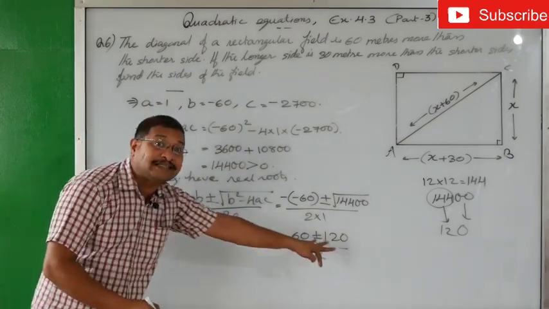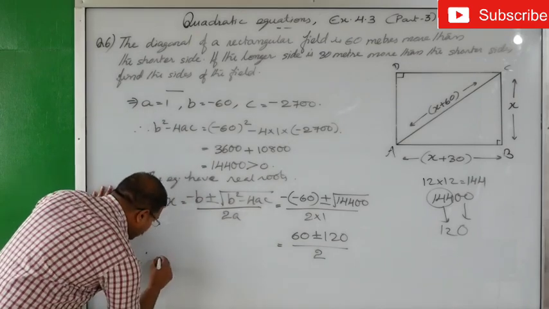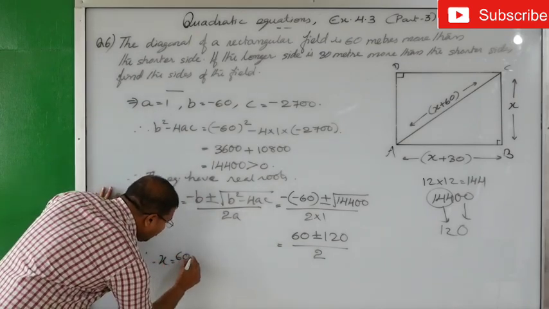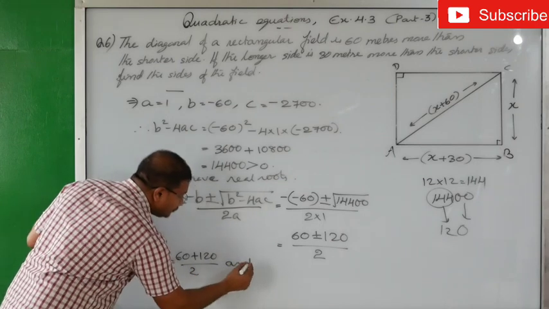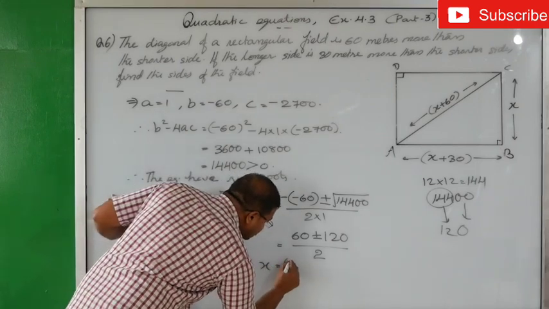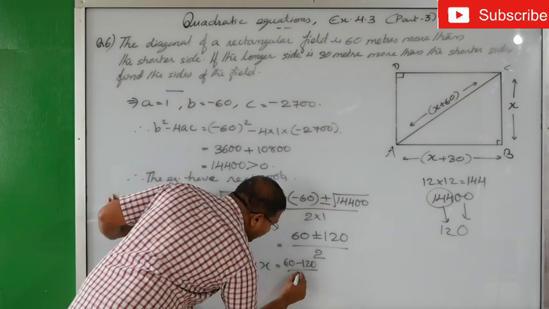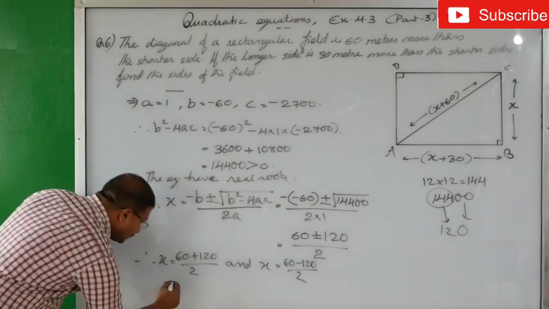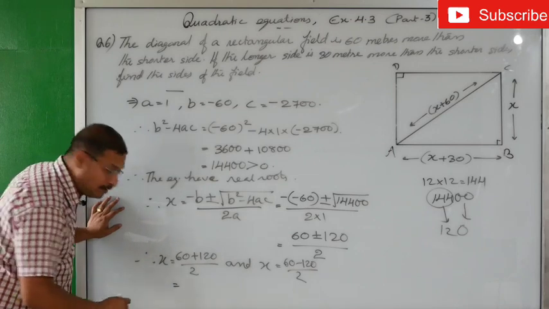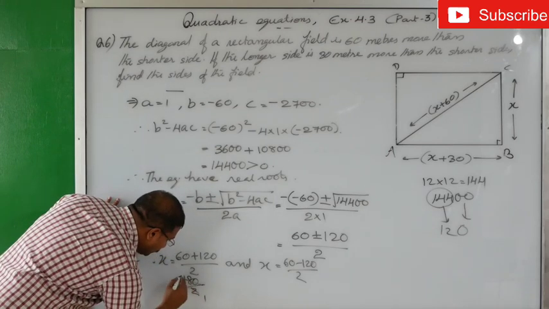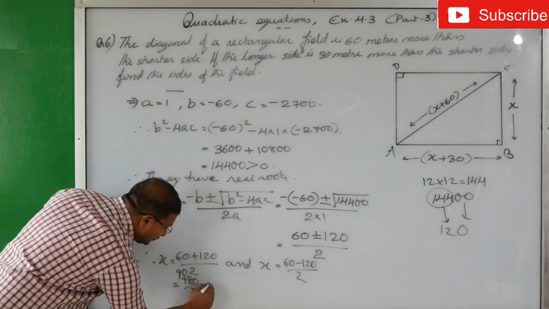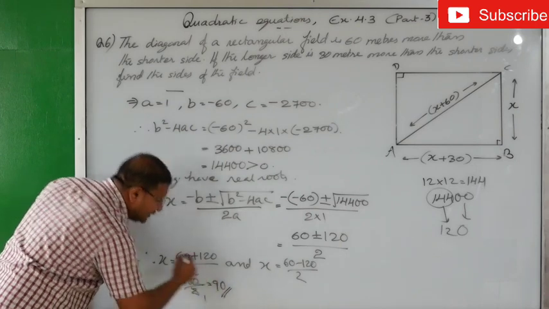We are separating plus and minus, isn't it? That means x equals 60 plus 120 by 2 and x equals 60 minus 120 by 2. 60 plus 120, what will you get? 180 divided by 2. 2 ones are 2, 2 nines are 18. So we'll get the first one, x equals 90.